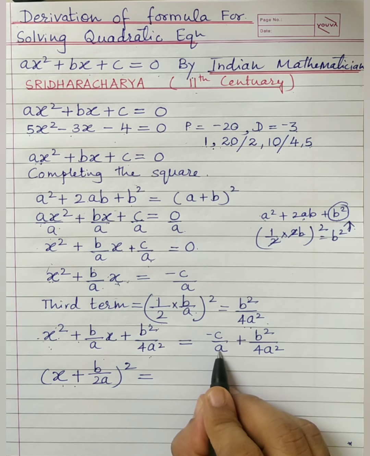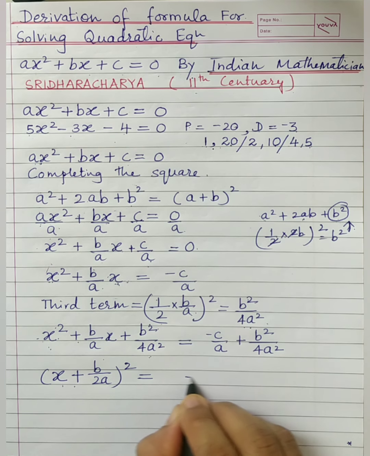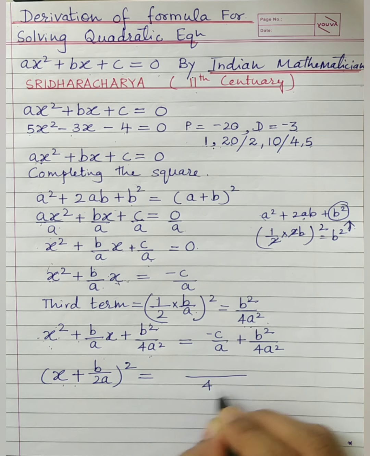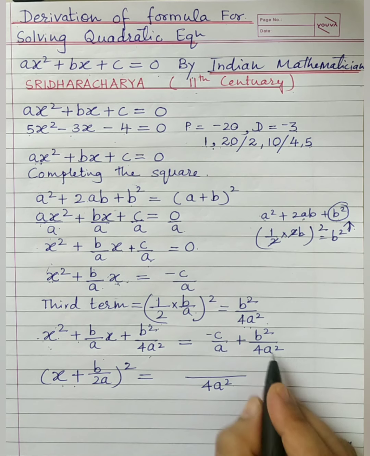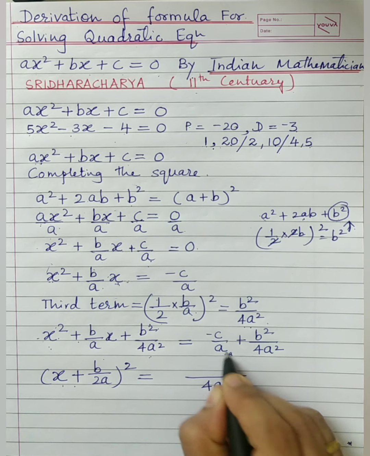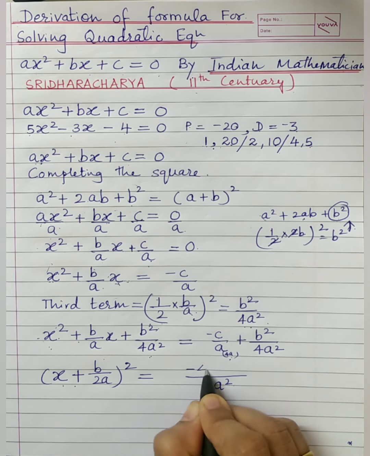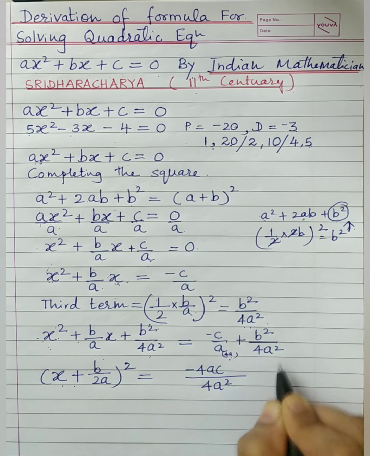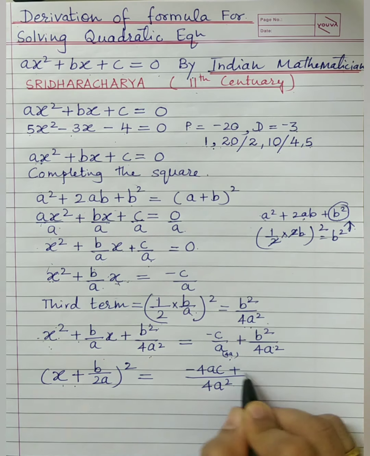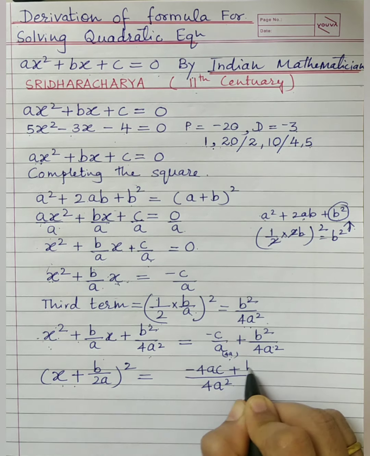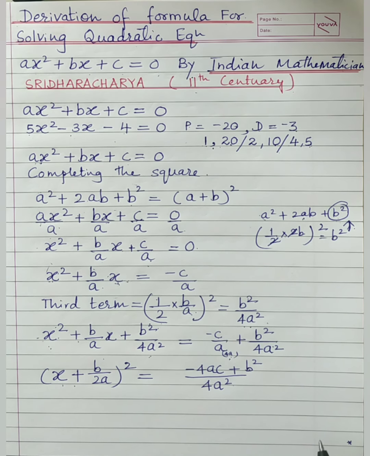What is the LCM of a and 4a square? Yes, you have 4a square. So this gets multiplied by what? 4a. So minus c multiplied by 4a will be what? Minus 4ac. Plus, this is already 4a square, so you write it as b square. Okay.